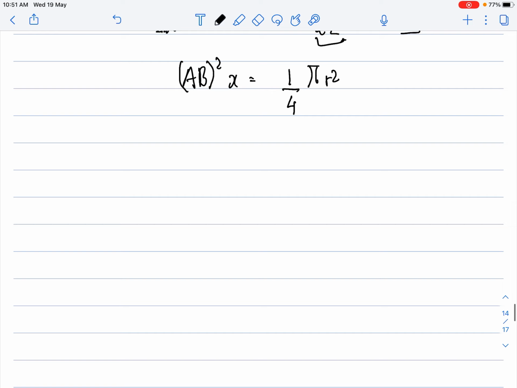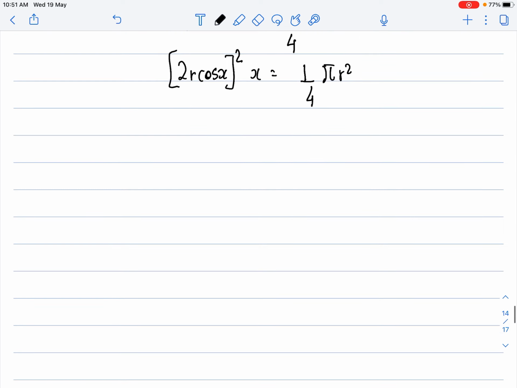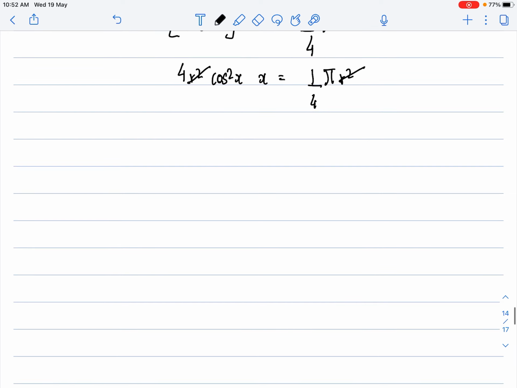So in the place of AB here, I can simply put 2r cos x the whole square into x equals 1 over 4 pi r square. So I can simply write this as 4r square cos square x into x equals 1 over 4 pi r square. I can simply cut r square here, correct?